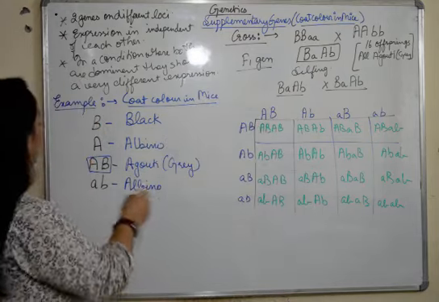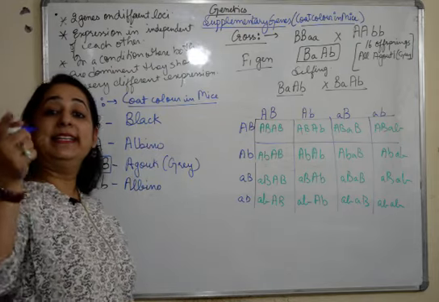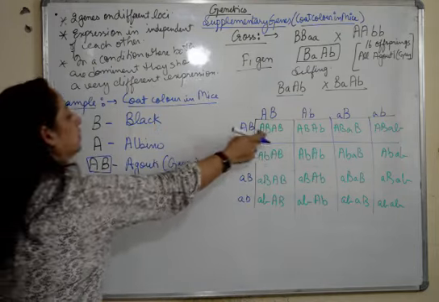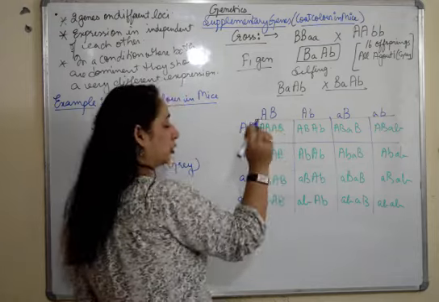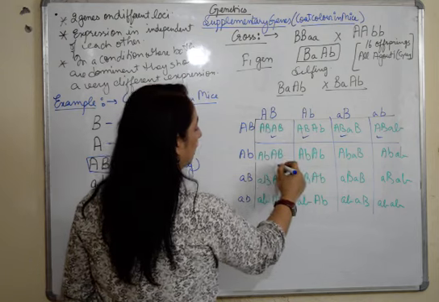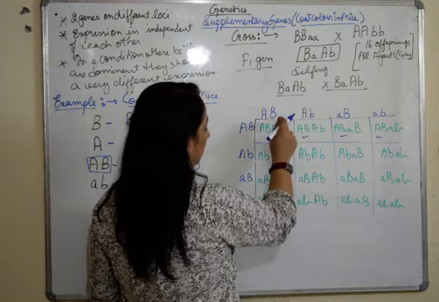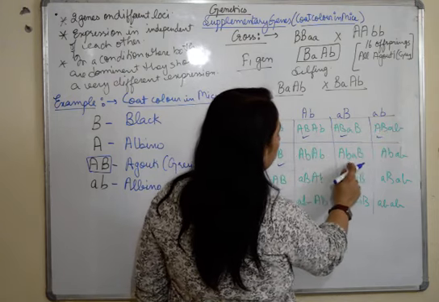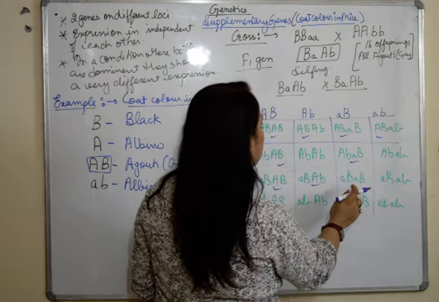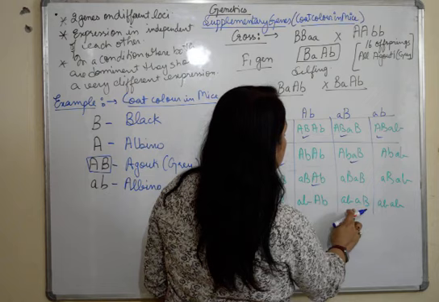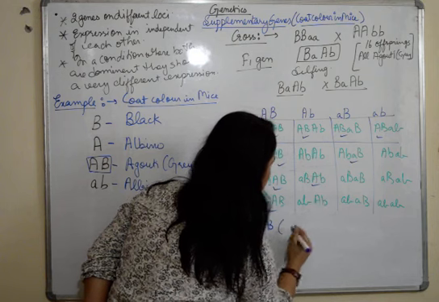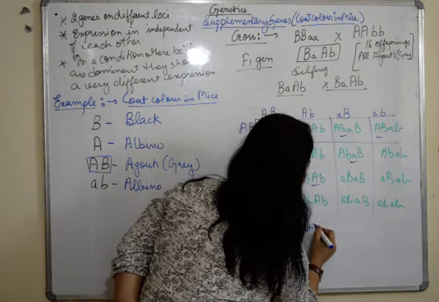Fine. Now we have these four scenarios. We'll start with both dominants, where we have both the dominants: 1, 2, 3, 4, 5, 6, 7, 8, 9. So nine are with AB condition, that means agouti, that means gray.